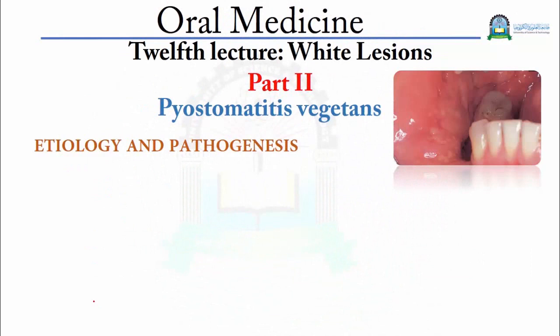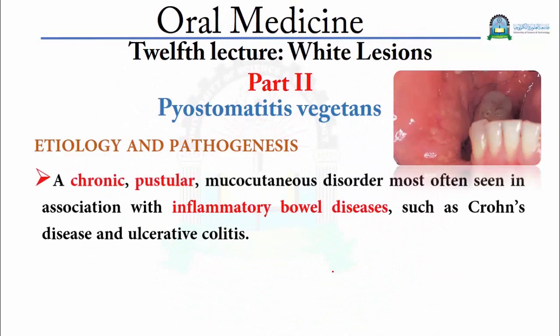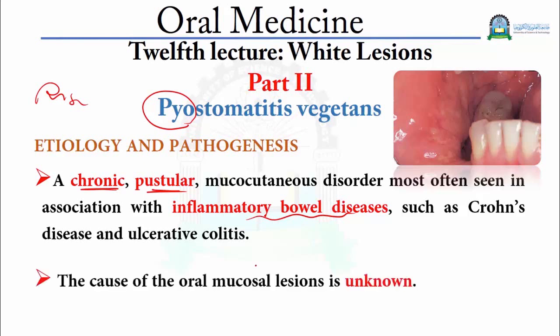The other white lesion is pyostomatitis vegetans. Pyostomatitis vegetans is a chronic pustular mucocutaneous disorder. So pyo means pustular, so there is pus formation, often seen in association with inflammatory bowel disease, which is a systemic condition of the GIT, such as Crohn's disease and ulcerative colitis.